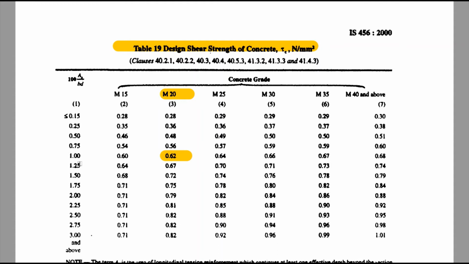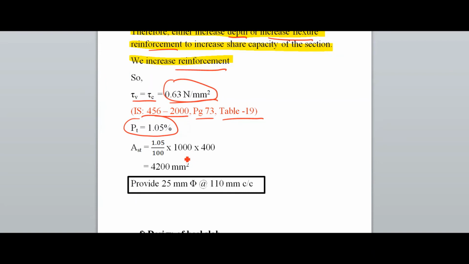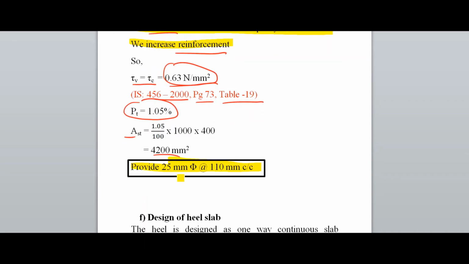So PT is 1, but for the 0.63, I assume PT is 1.05. Now from PT we found Ast. So provide 25 mm dia at 110 mm center to center, and this gives the safety against shear.